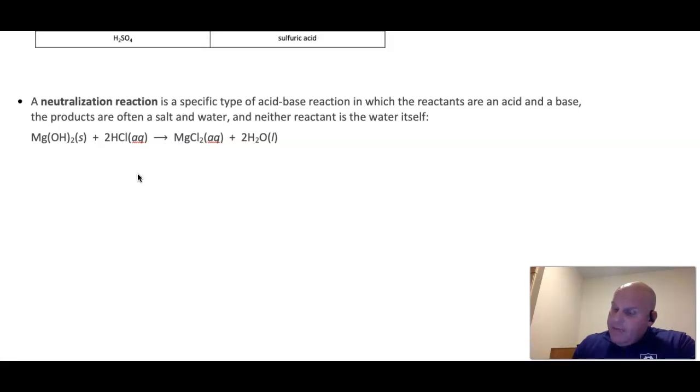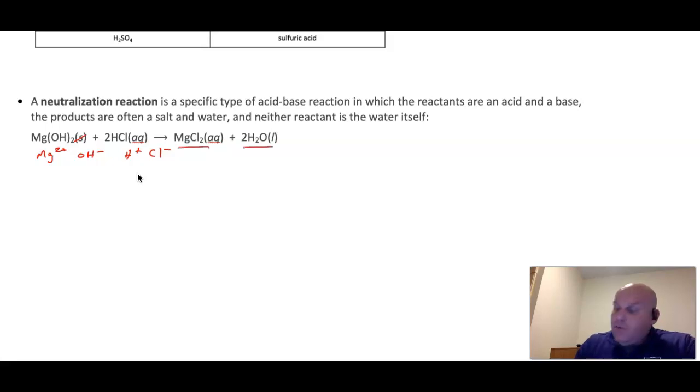So I have magnesium 2+ and hydroxide, OH-. So there are my four ions that I have here in solution. And those ions, the magnesium, it says solid here, but we'll say it's been dissolved in solution. Those ions are going to rearrange, and I'm going to get the MgCl2, and I'm going to get H2O.